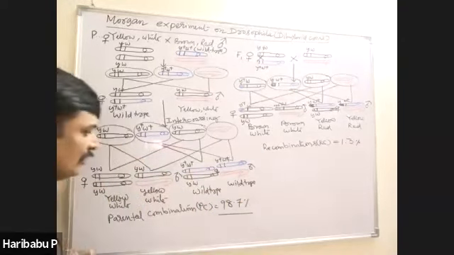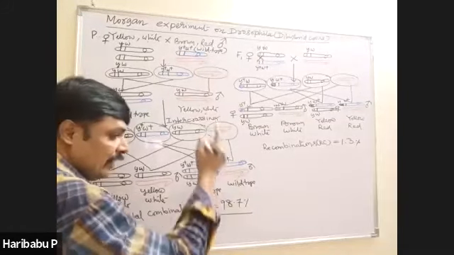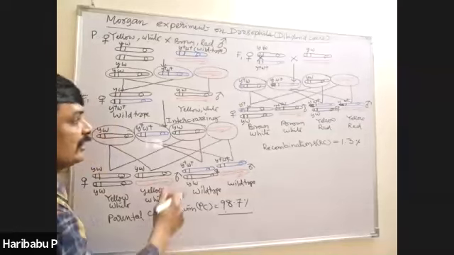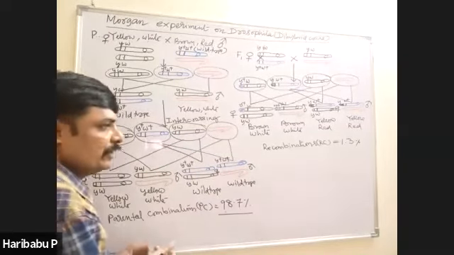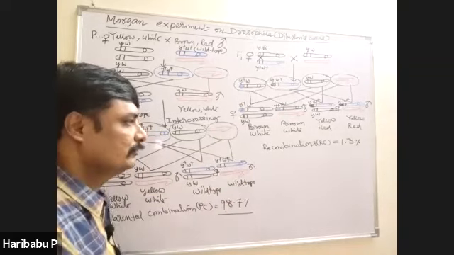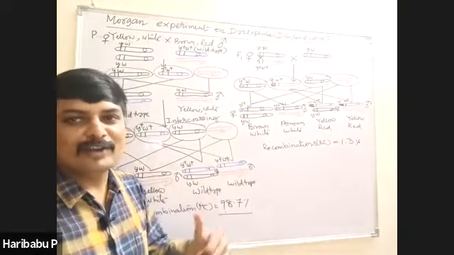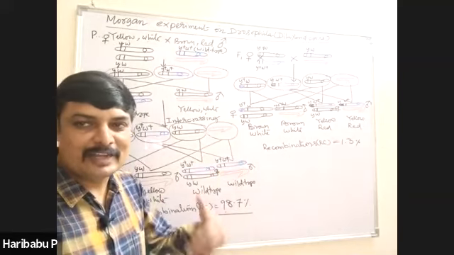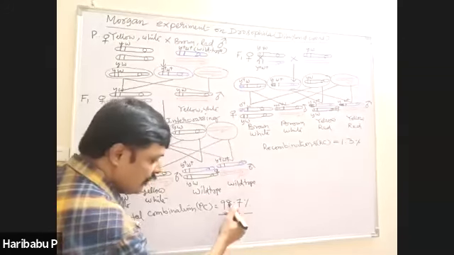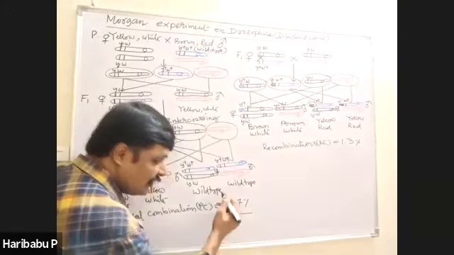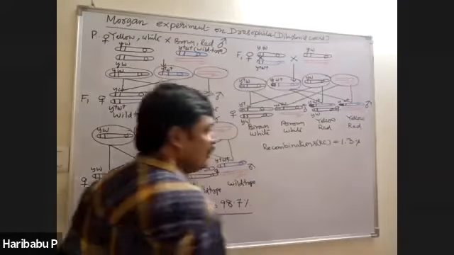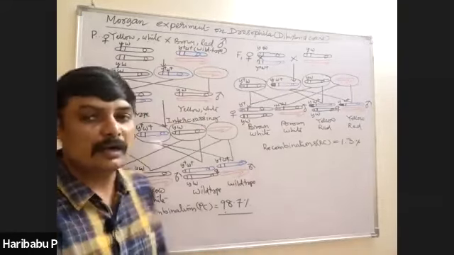But here, approximately 62.8% parental combinations appeared and 37.2% recombinations appeared. But it's a significant deviation here. Here, more parental combinations, that is 98.7%, and only 1.3% recombinations are produced.